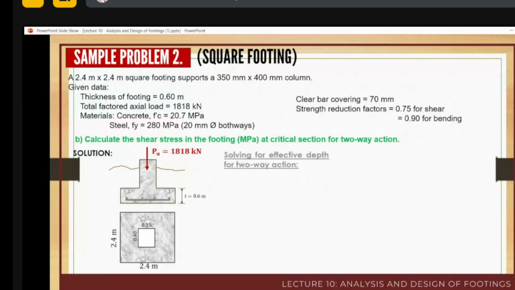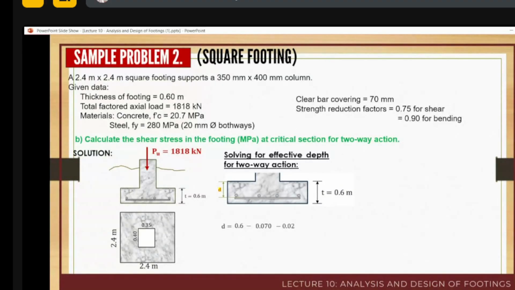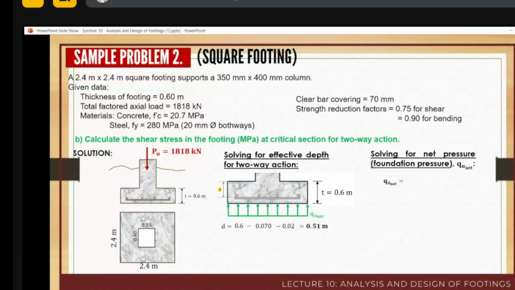And then letter B, shear stress naman for two-way. Kung two-way naman nga consideration, so otro na po ang ato ang effective depth, no? So instead of d over 2, we immediately deduct it by d.